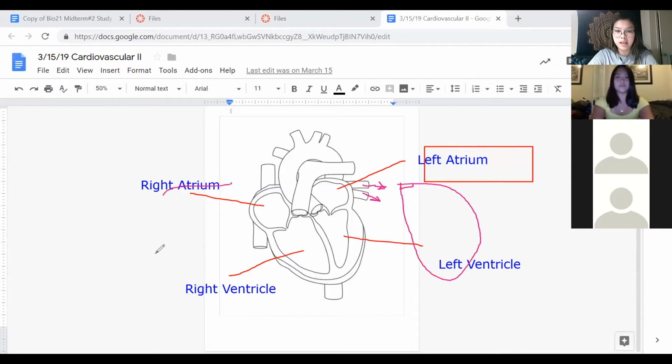I'm not exactly Picasso here, but the blood moves away from this side. This way would be deoxygenated, because your lungs are where it picks up the oxygen. And then coming back.